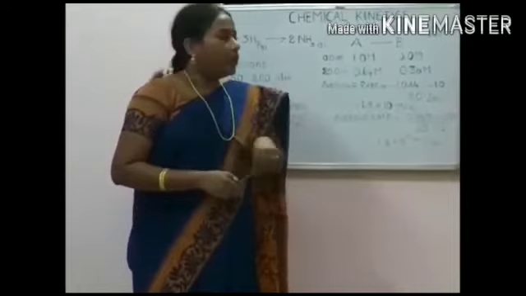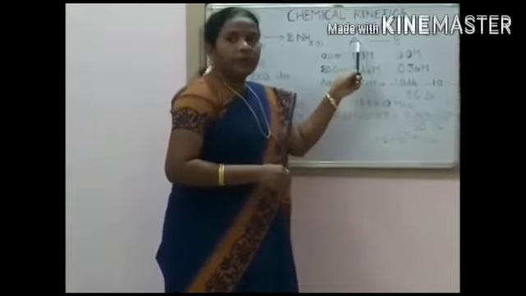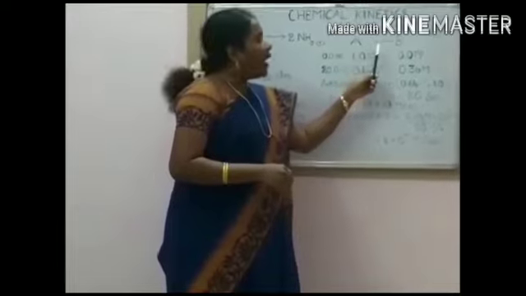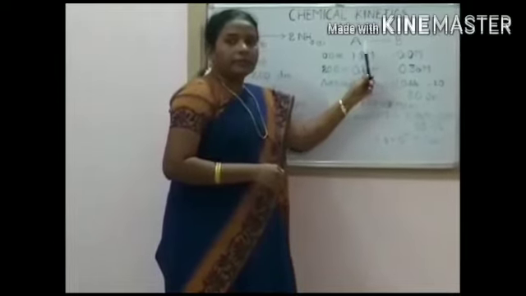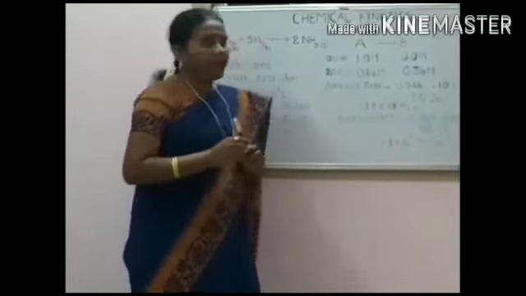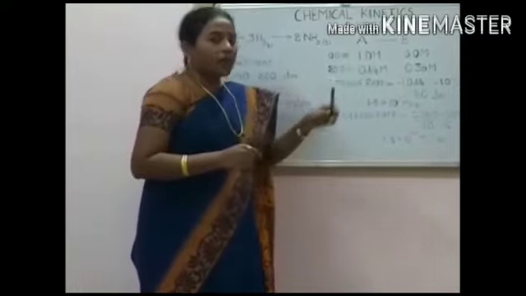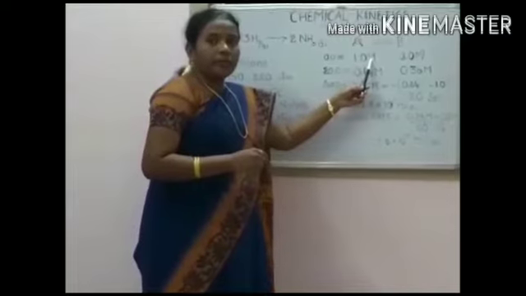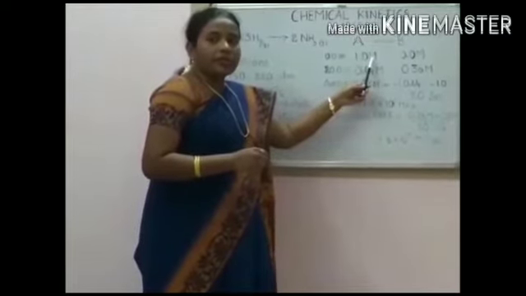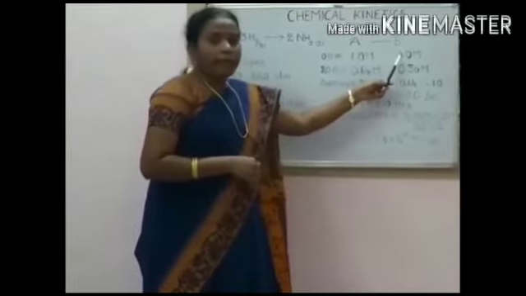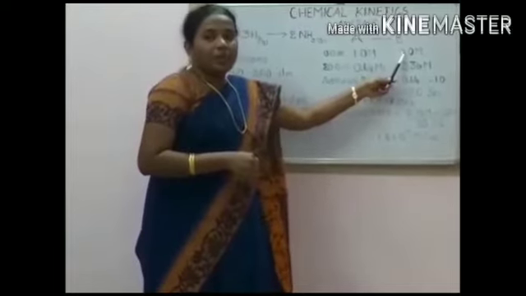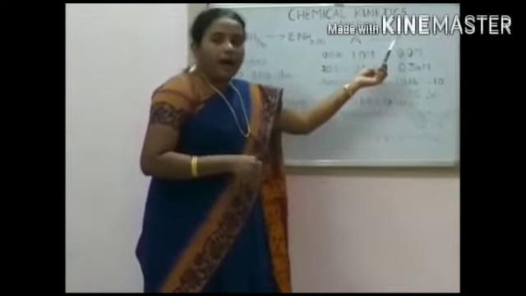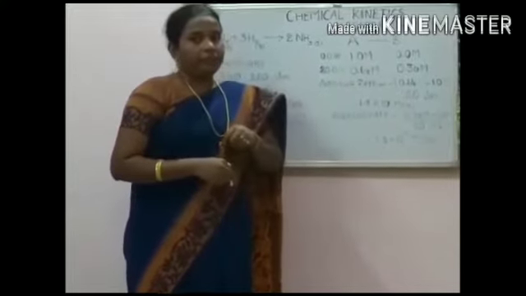Now, look at this reaction. A hypothetical reactant A gives a hypothetical product B. At the beginning of the reaction, the concentration of A is 1 molar and of course the concentration of B will be 0 molar, since there is no formation of B at 0th time.